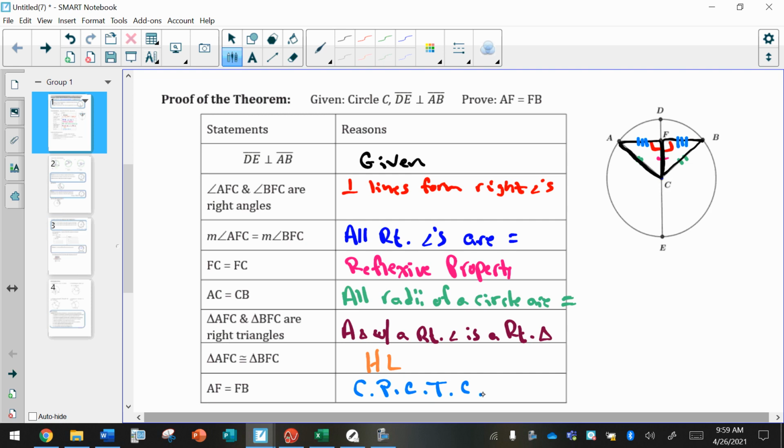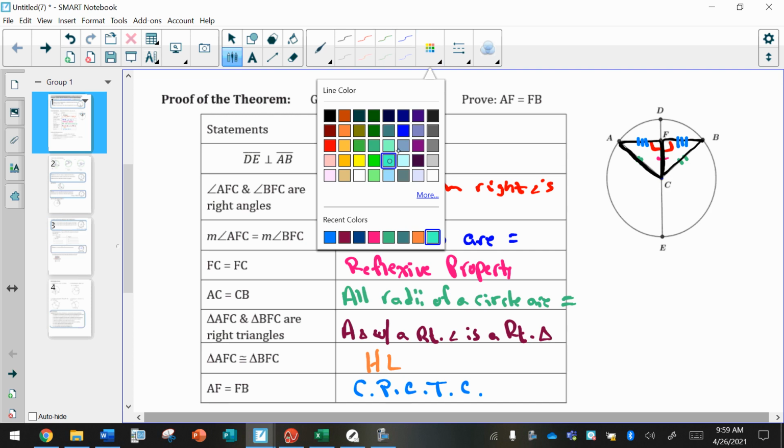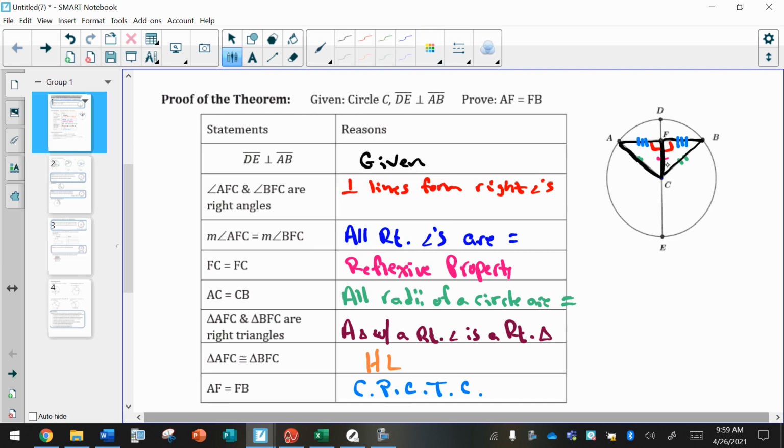We could do the same kind of thing to prove the arcs. We could use CPCTC to say that angle FCB is congruent to angle FCA. And then a central angle is equal to the intercepted arc.